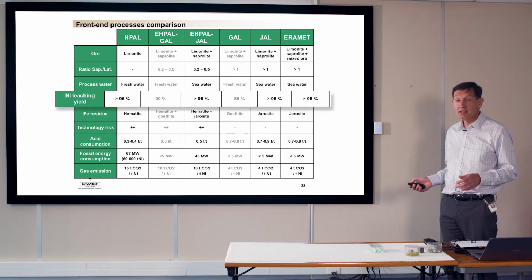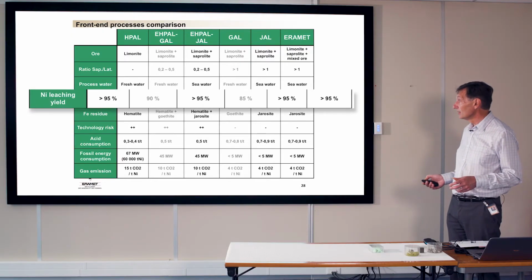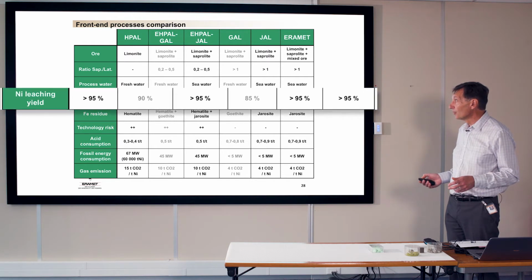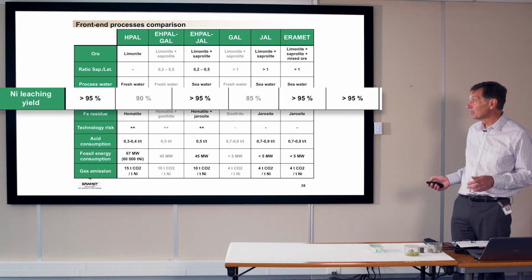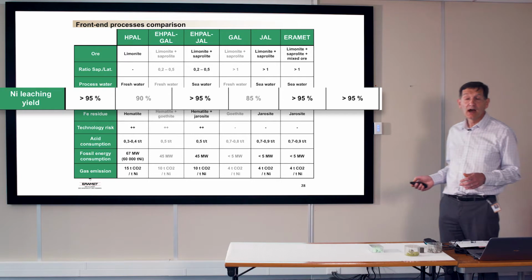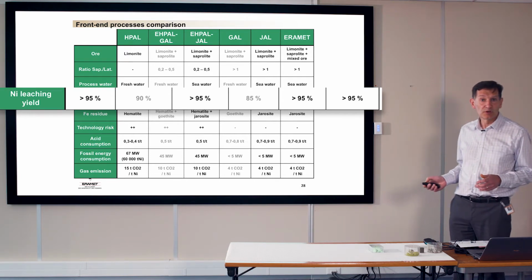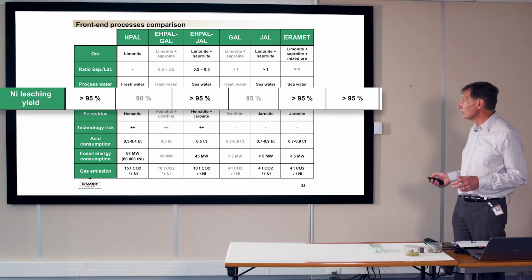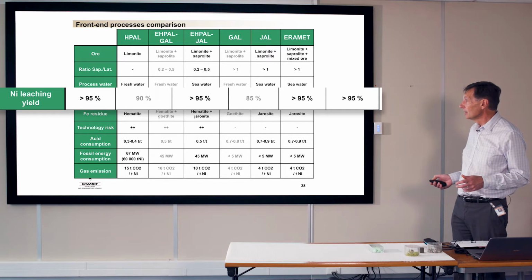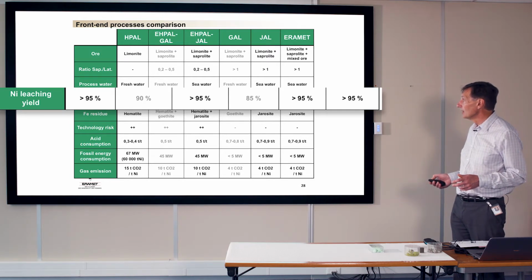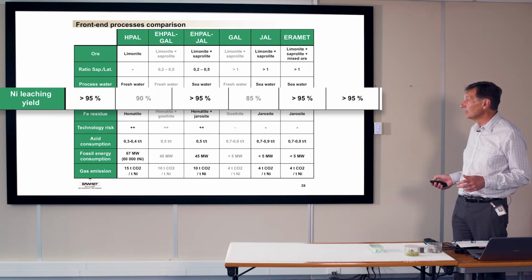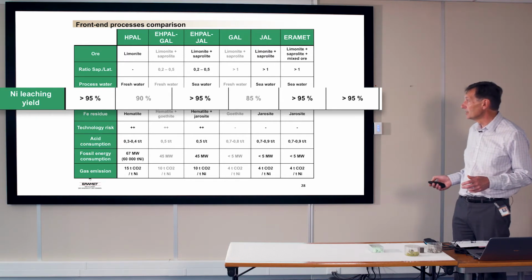Nickel leaching yield, you can see there are some differences. For this very high pressure acid leaching, nickel recovery could be higher than 95%. When you mix the high pressure acid leaching with acid leaching, you decrease the nickel yield to the level of 90%.